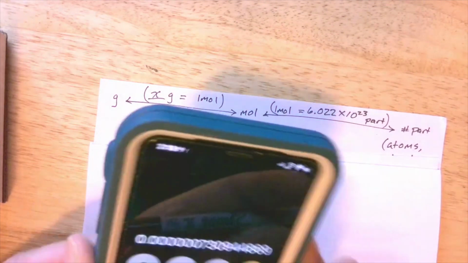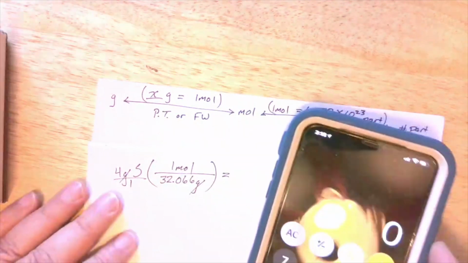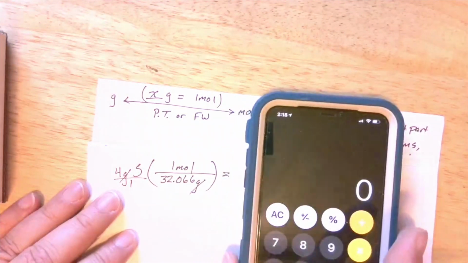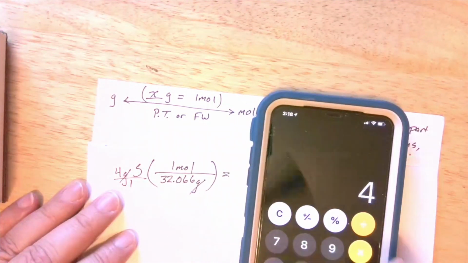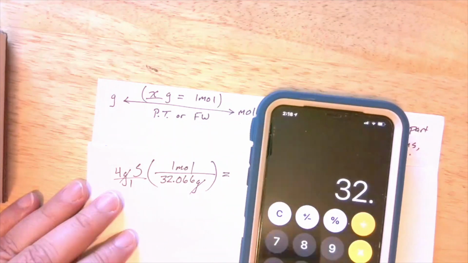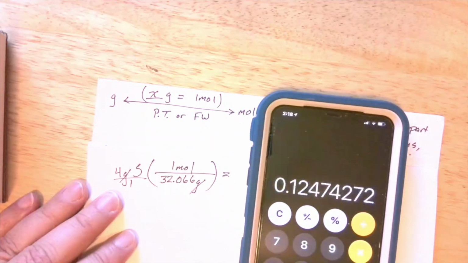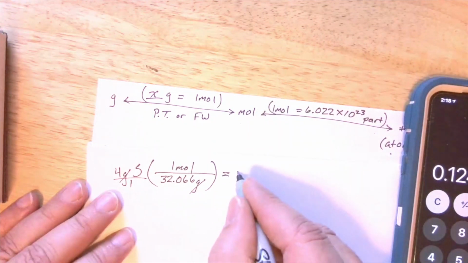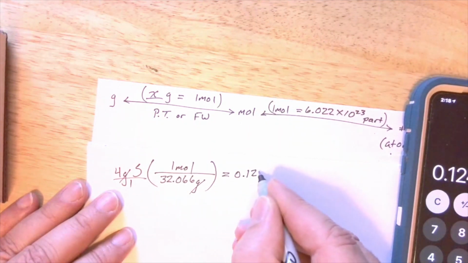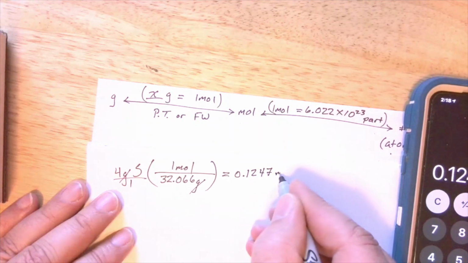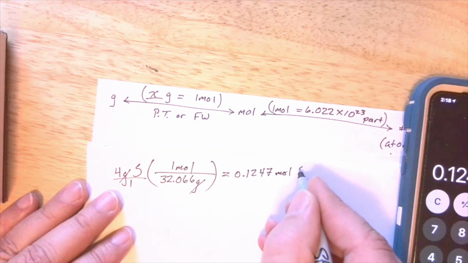So I'm going to take 4 divided by 32.066 and get 0.1247 moles of sulfur.